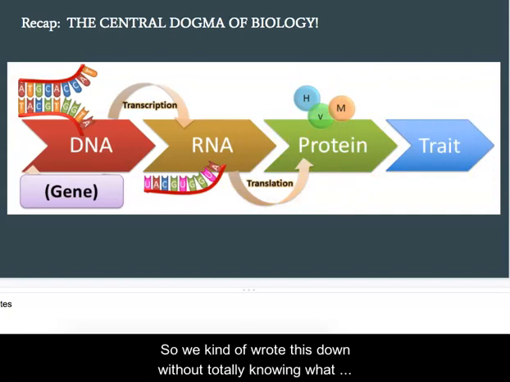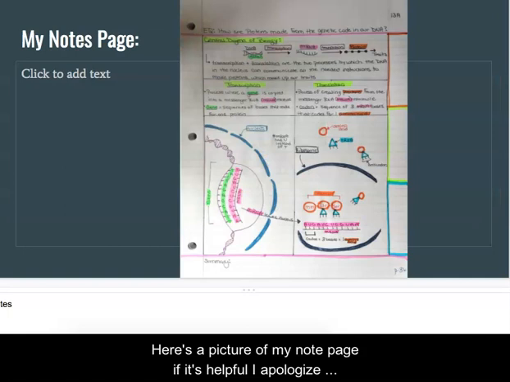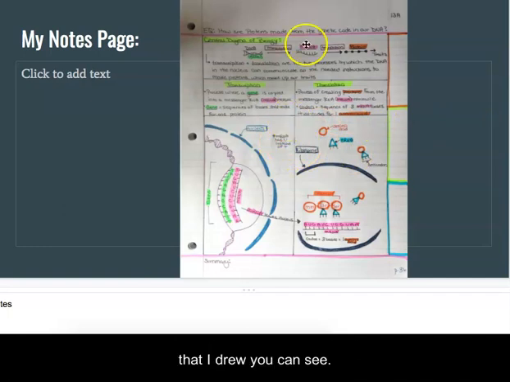So we wrote this down without totally knowing what was going on, but now we have an understanding of how we get to each one of those steps. Here's a picture of my notes page. I apologize, it's kind of dark, but you can see the two pictures that I drew. You can see the central dogma up top and my word versions of those two processes there as well.